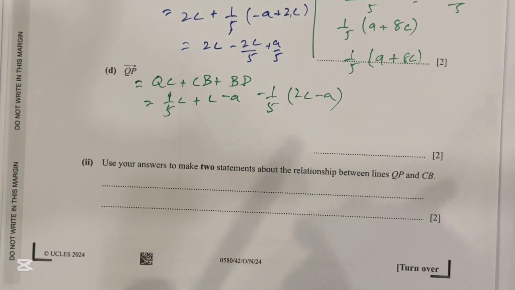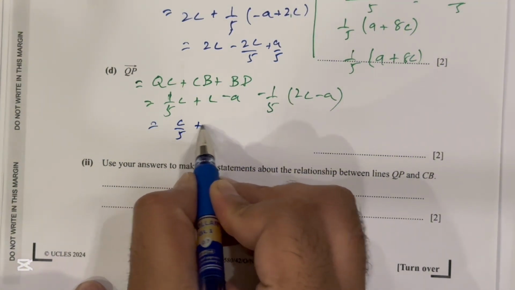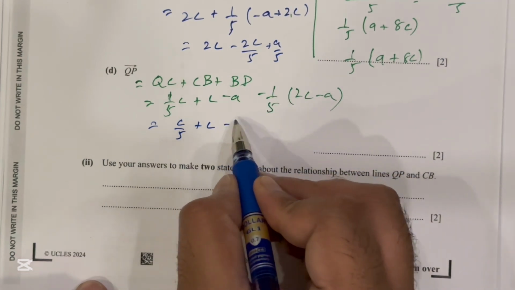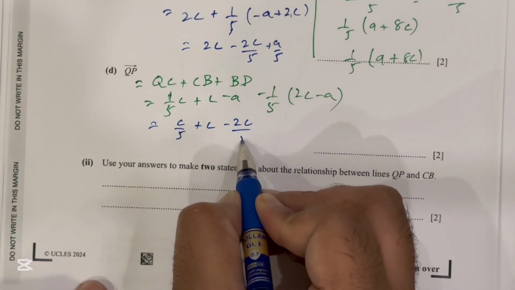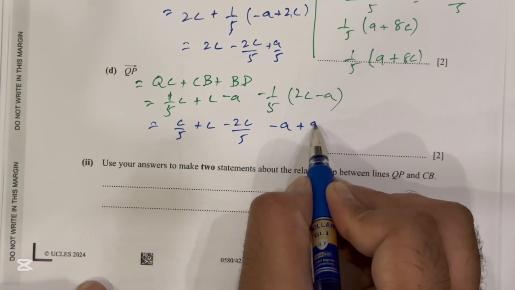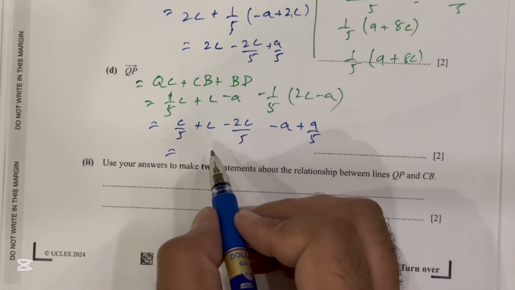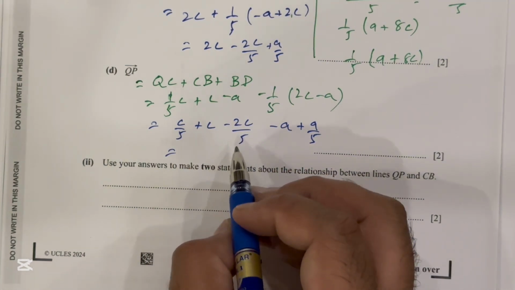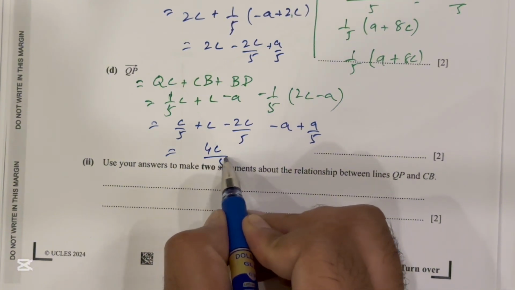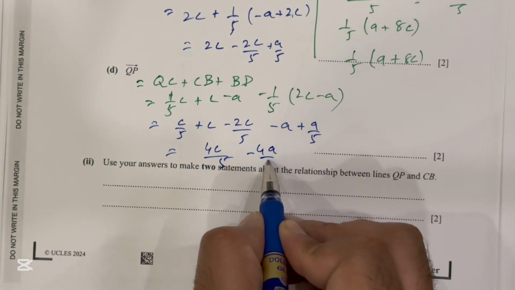Now you can solve this like that. It would be C by 5 plus C, and over here it would be minus 2C by 5, and this would be equal to minus A and plus A by 5. After solving this, for all the C values, you get the answer 4C over 5, and from this you get the answer minus 4A over 5.